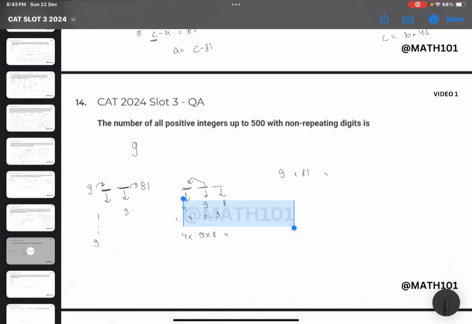So 72 times 4 is 288. So we have 9 plus 81 plus 288, which is 378. So the answer becomes 378.